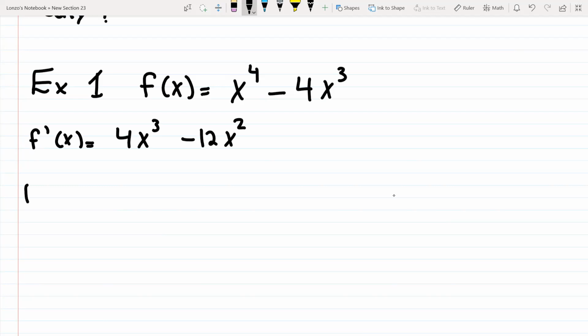And then I'm going to take the second derivative of that. So the derivative of 4x cubed is 12x to the second. The derivative of negative 12x to the second is negative 24x to the 1. Okay. Now that you found the second derivative, find your critical points by setting the second derivative to 0 and solving for x.